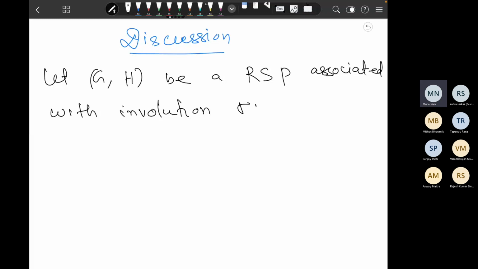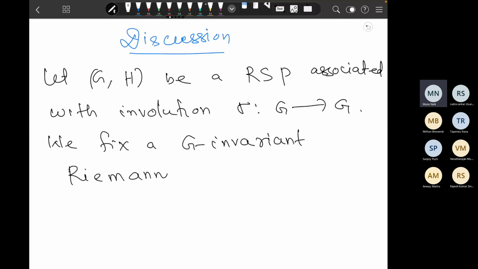So we fix a G-invariant Riemannian metric Q on G mod H, which always exists.